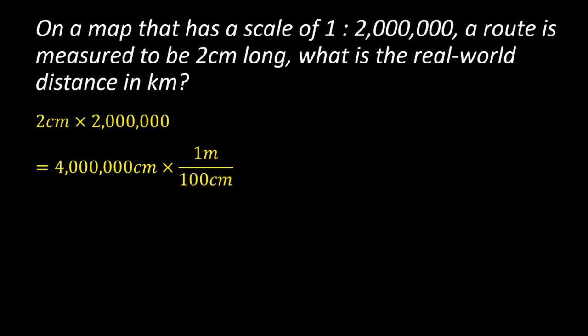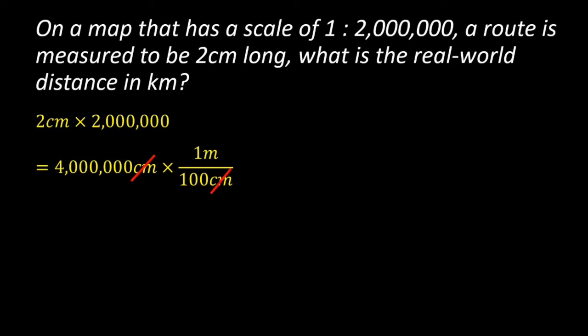I know that a lot of students don't know how to convert directly between centimeter and kilometer. It doesn't matter because what we have just learned can be applied in succession. First, we may convert centimeter to meter by multiplying 4 million centimeter by 1 meter over 100 centimeter.